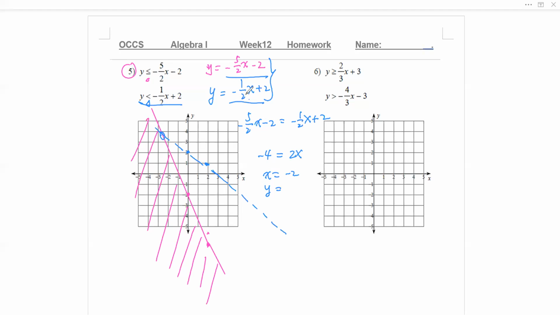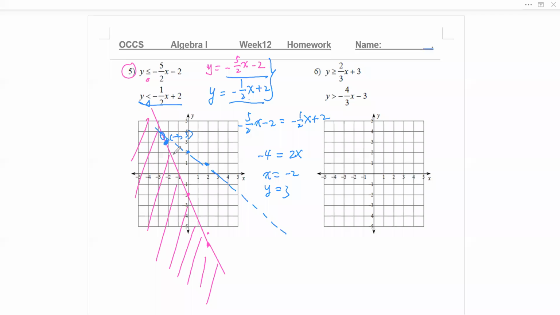When x is -2, put it right here, y equals 3, right? So the cross point is (-2, 3). That's why graphing is not accurate most of the time.